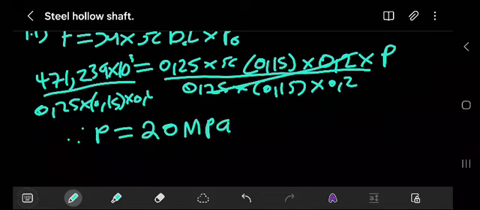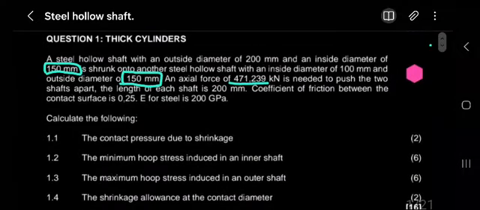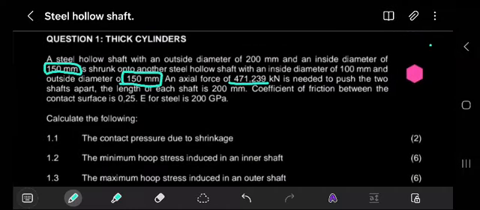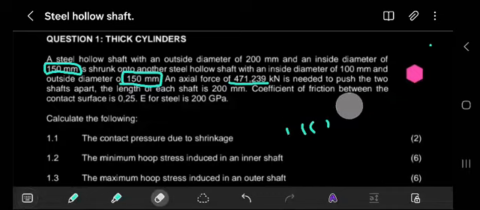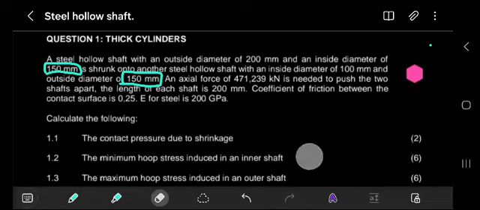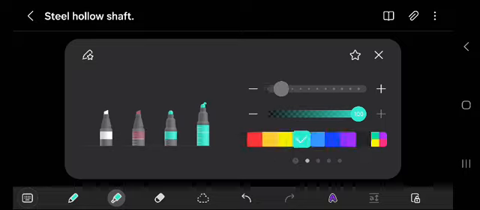Now what is this 20 megapascal? Remember, these are compound cylinders. We have put a solid shaft and a hollow shaft in another hollow shaft, so we'll have 1, 2, 3. This falls under the shrinkage graph. We have discussed this shrinkage graph.